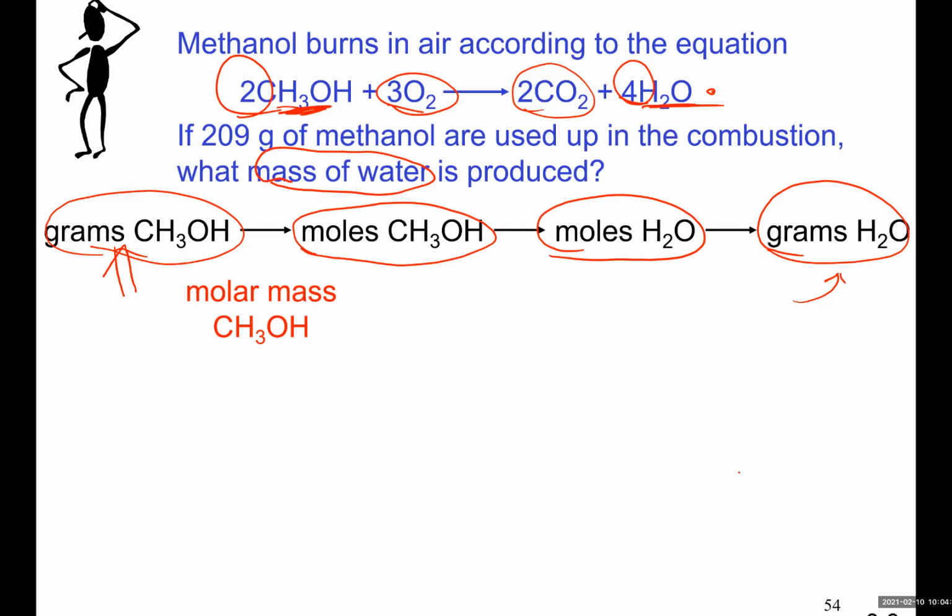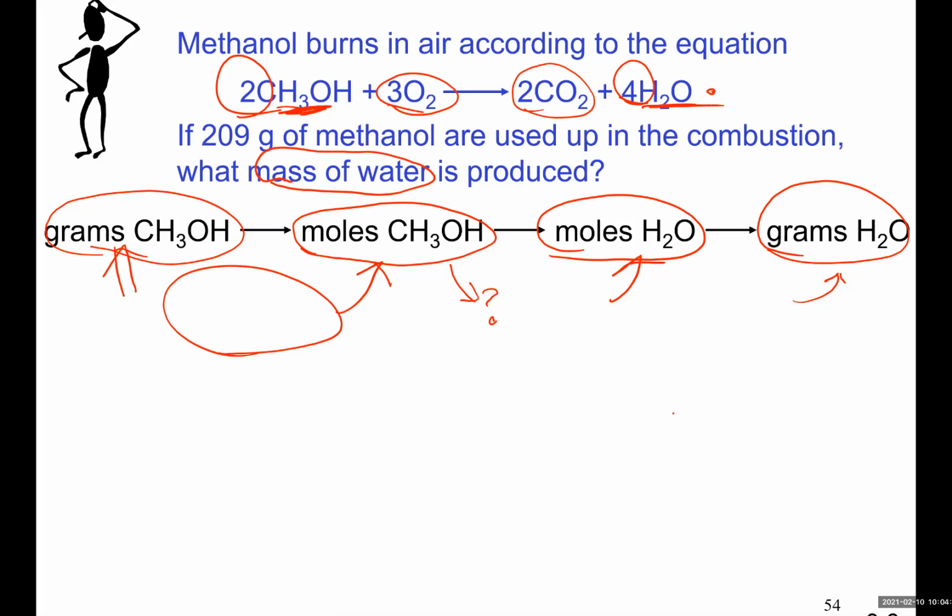So, what do I need to convert grams of methanol, CH3OH, to moles of CH3OH? I need molar mass. Once you have moles of CH3OH, how do you go to moles of water? Do you need a stoichiometric coefficient?